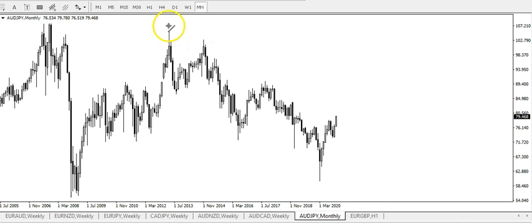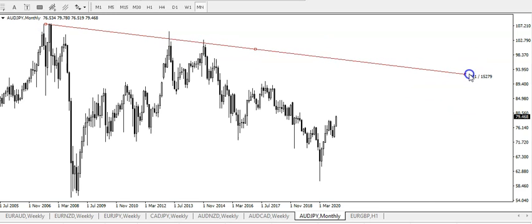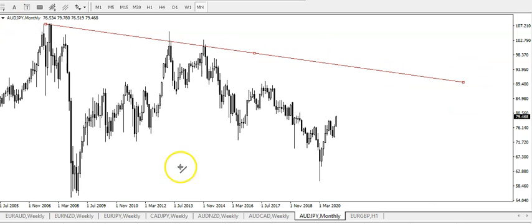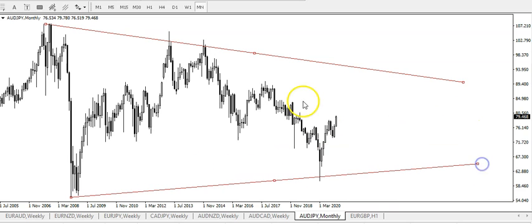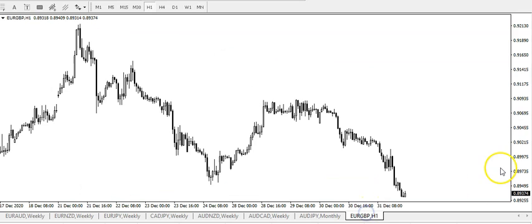It could be a long-term descending triangle here, followed by here. It could be. No confirmation yet, but this is a potential pattern on a monthly chart. Not something I'm looking at.